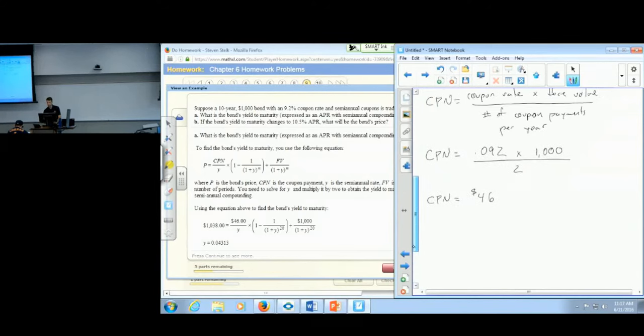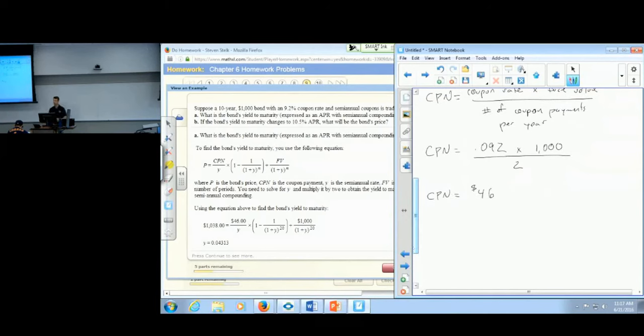All right, so let's take all of that information and drop it on the timeline and look at the actual cash flows from this bond.